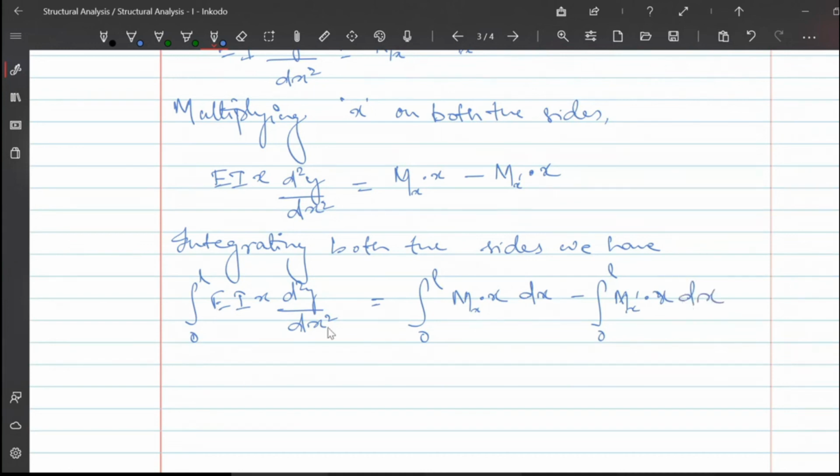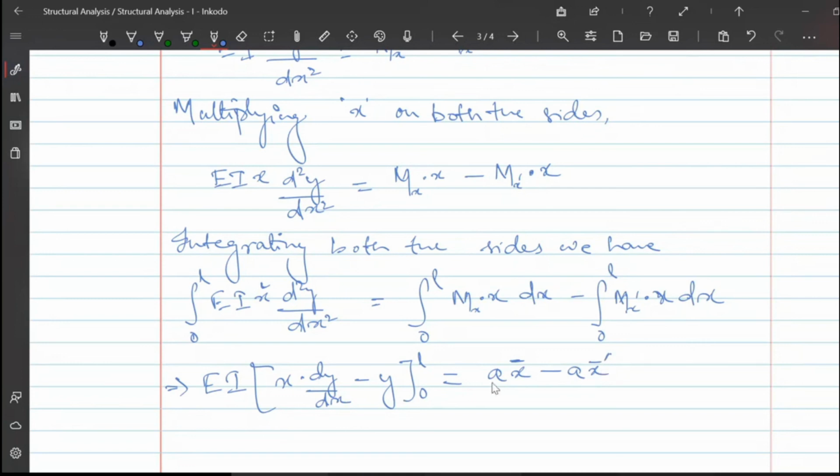Now if I integrate this, here we have the x and here we have this one. So this I can write as EI into x into dy by dx minus y from 0 to L equals to Ax bar minus Ax bar dash.